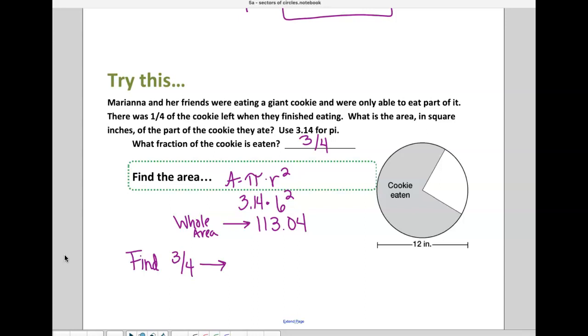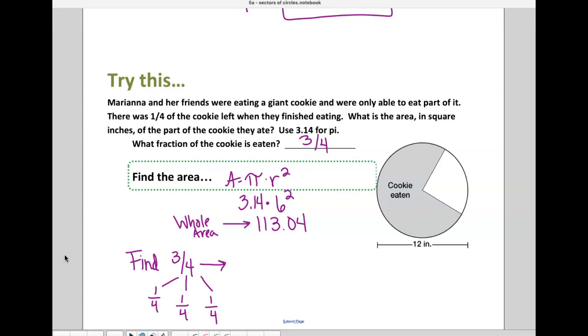Any ideas on how we find 3/4 of something? Abby. We can't divide by 0.75. So think about it this way. How many fourths are in 3/4? 3 of them, right? So this is really 1/4, 1/4, and 1/4.